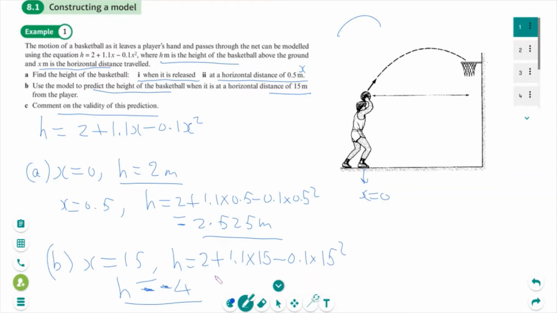You could say something like: height h is greater than or equal to 0 for all distances x.